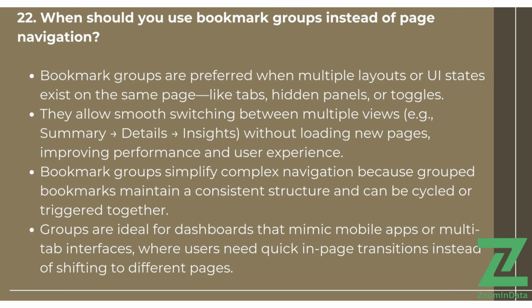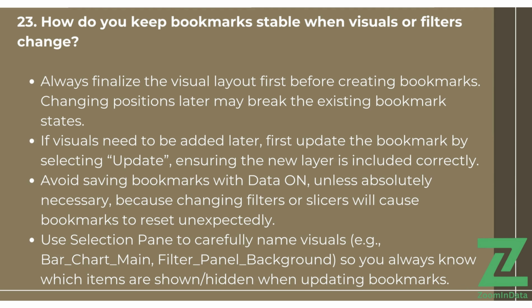Bookmark groups simplify complex navigation because grouped bookmarks maintain a consistent structure and can be cycled or triggered together. Groups are ideal for dashboards that mimic mobile apps or multi-tab interfaces, where users need quick in-page transitions instead of shifting to different pages. 23rd question.